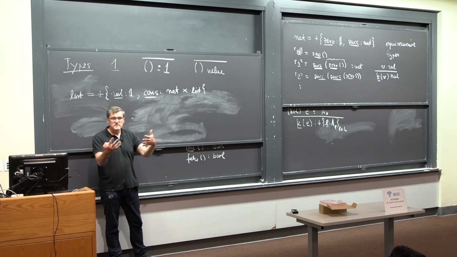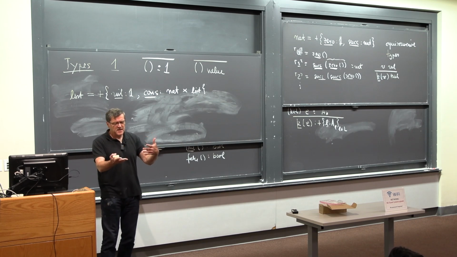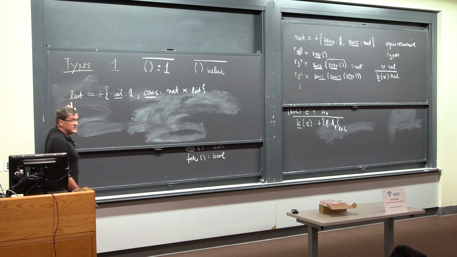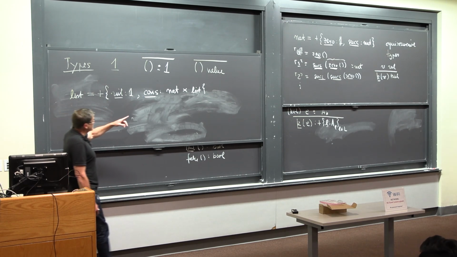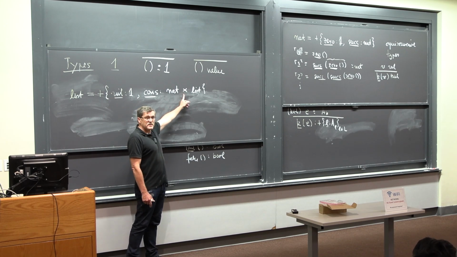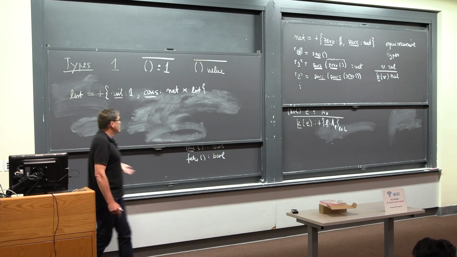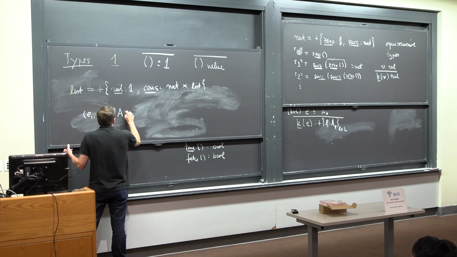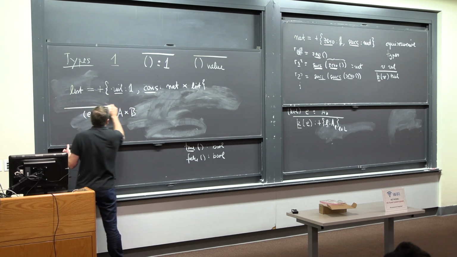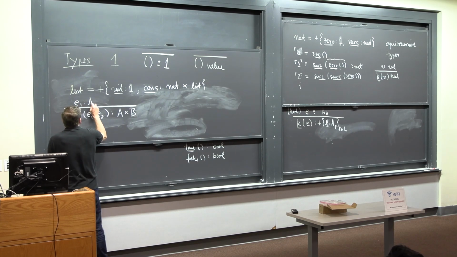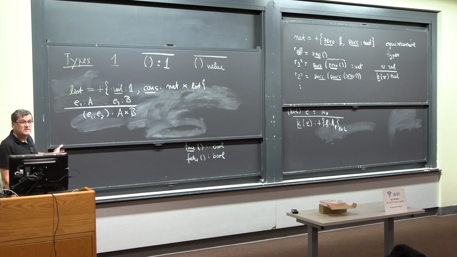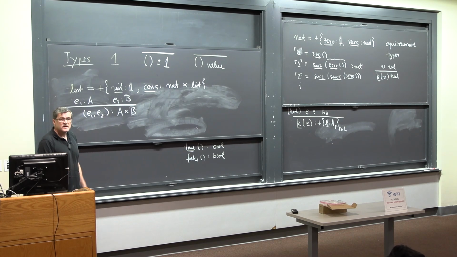But we need one more thing in order to define what a list is. We need to be able to form pairs. So far we have a unit type, a general sum type, recursive type definitions, and now we also need a pair type. When we have two expressions, e1 pair e2, that has type A cross B if e1 has type A and e2 has type B. If you put together a pair, the components have to have the right type.